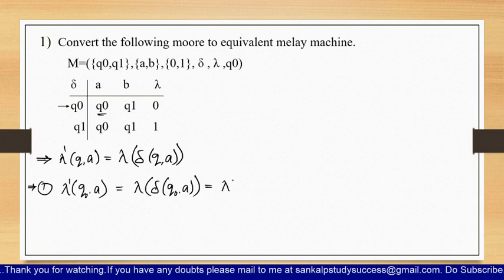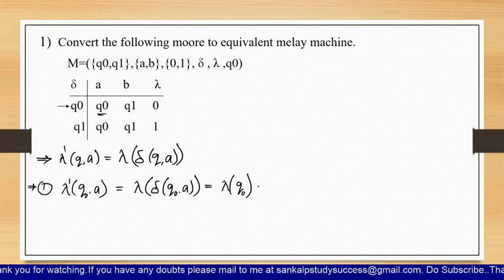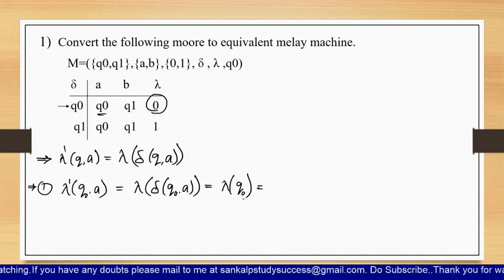So lambda of Q0. What is lambda of Q0? Lambda of Q0 is nothing but 0 here. So that is equal to 0. In this way, we are going to apply the formula for each and every state by applying each and every input symbol. So we are done with applying input symbol A to Q0.